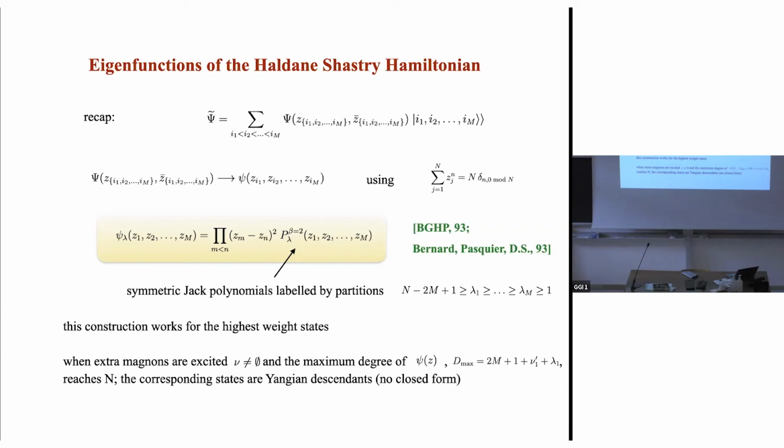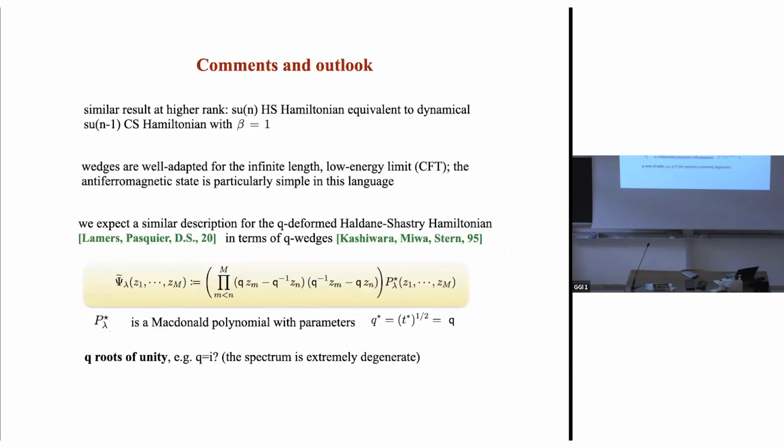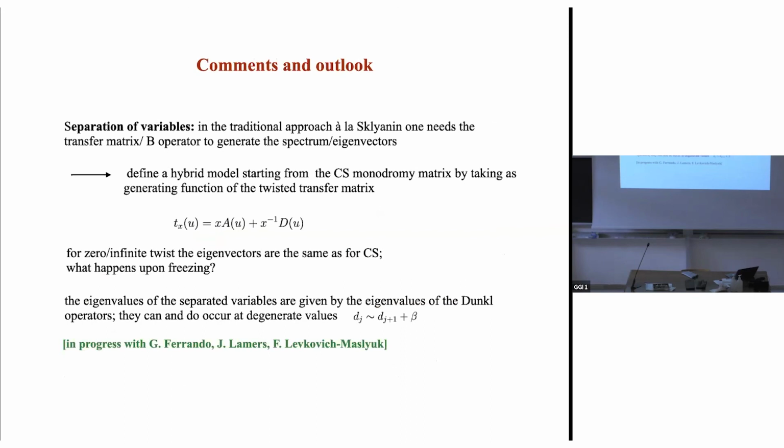Yeah, the partitions lambda label the highest weight representations, and they label the highest weights. The eigenvalues of the D operators, in fact, are related by this shift of beta.